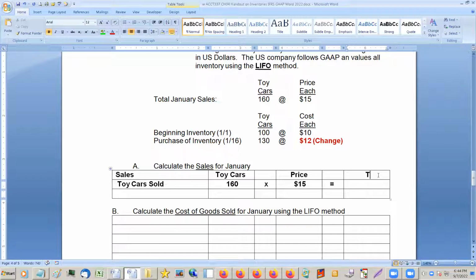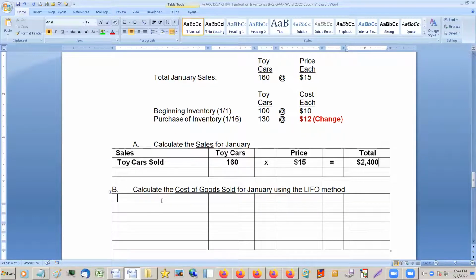Those are total sales, exactly the same as last time. Sales are whatever they gave you.